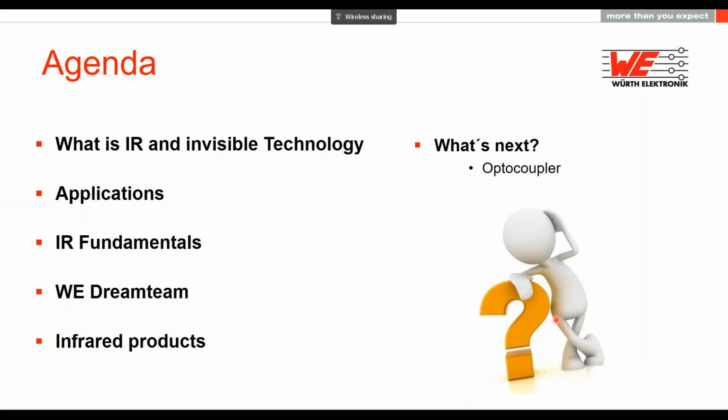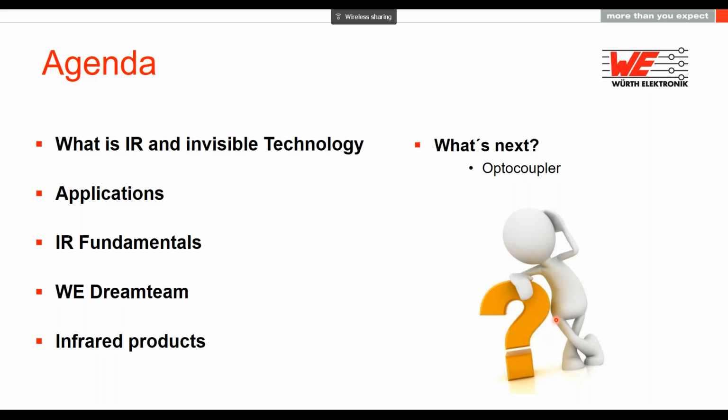Today we are going to talk about what infrared light is, what infrared detectors are, what type of applications and technology we can do, and what we can achieve. First, we will begin with a simple explanation about our technology and what infrared is.